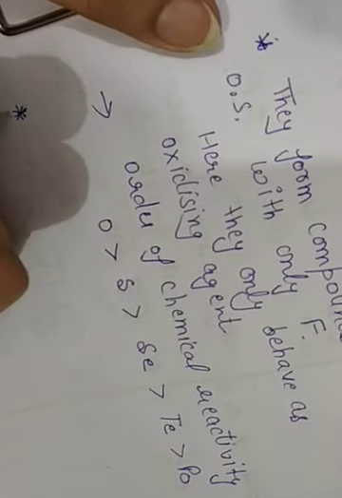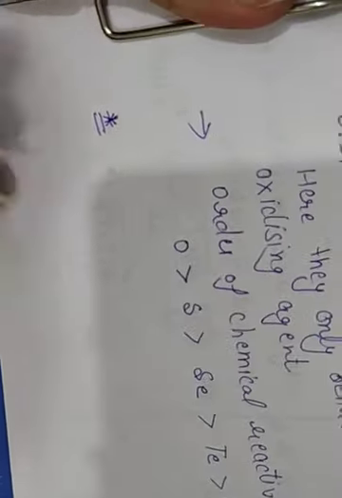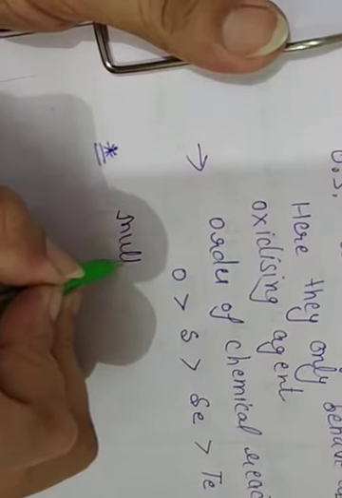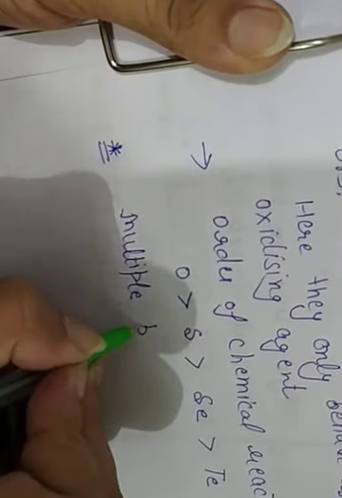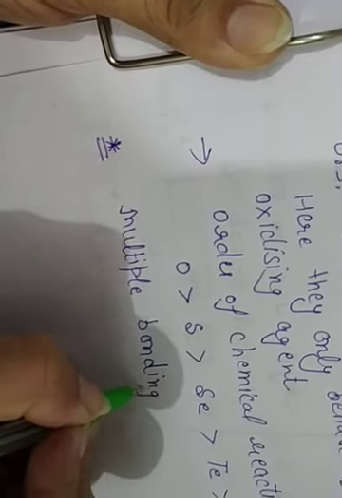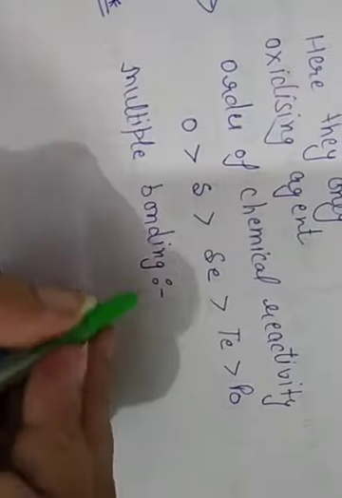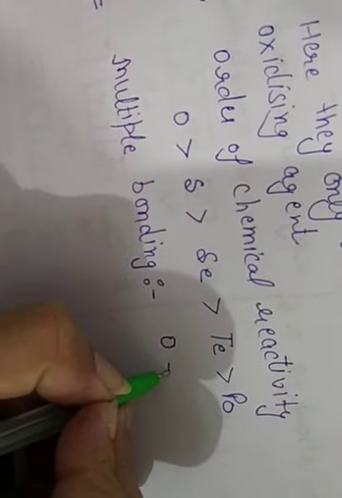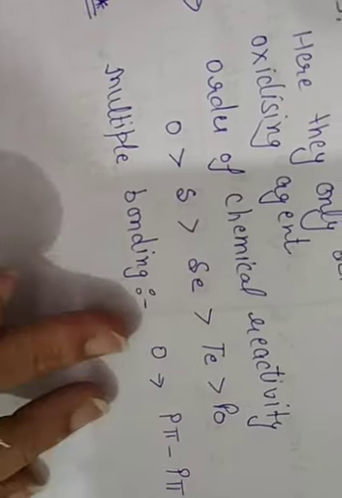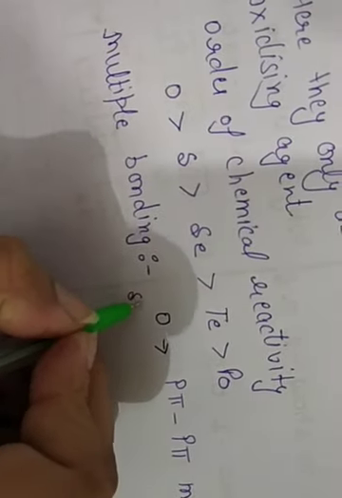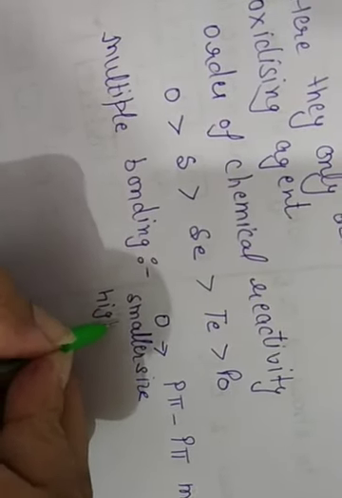Next, one more point to discuss is multiple bonding. In the case of multiple bonding, oxygen has the tendency to form p-pi multiple bonds due to its smaller size and high electronegativity.